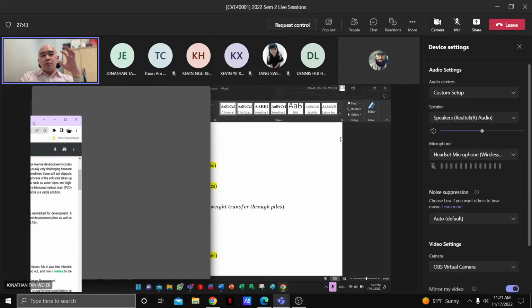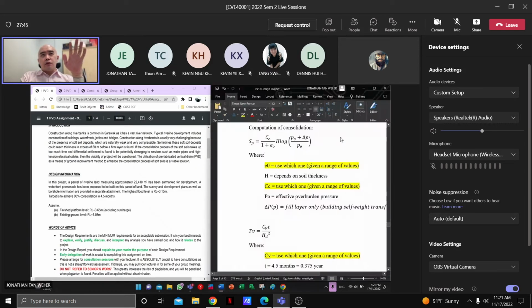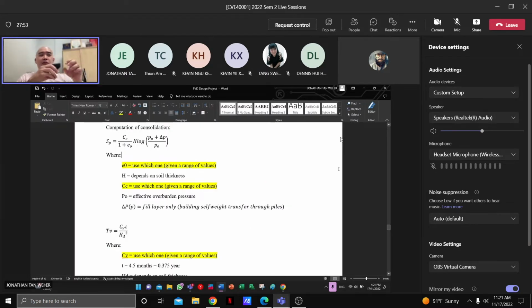But what I'm saying is that your estimation of consolidation is based on borehole. So based on borehole 1, I estimate the consolidation. I then check for preloading. If preloading cannot work, then I design for PVD. So that is borehole 1.